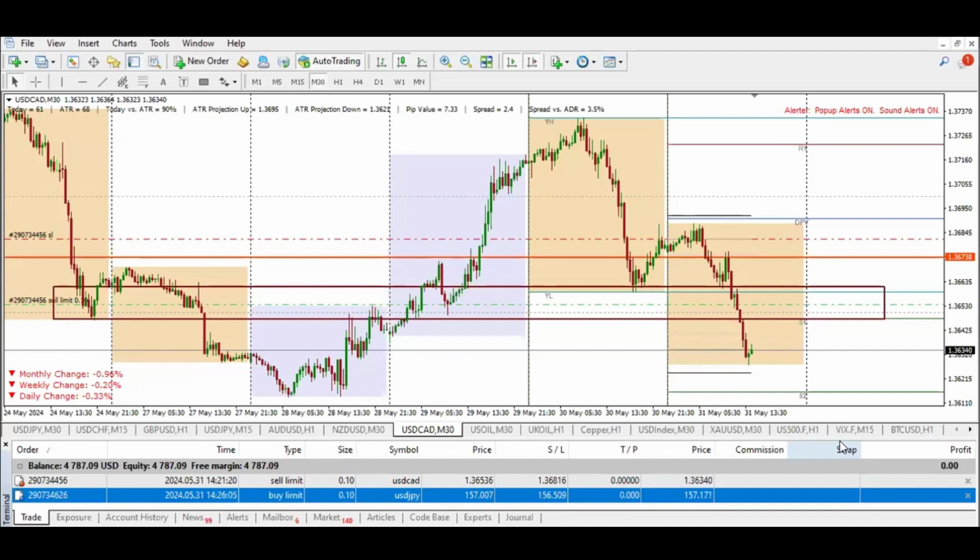One way I adjust the stop loss is by using a trailing stop. A trailing stop allows you to set your stop loss such that it trails price. As price moves in your favor, your stop loss also automatically adjusts based on the number of pips that you have set.